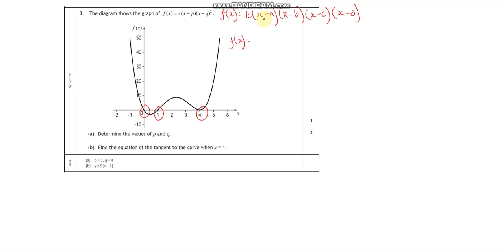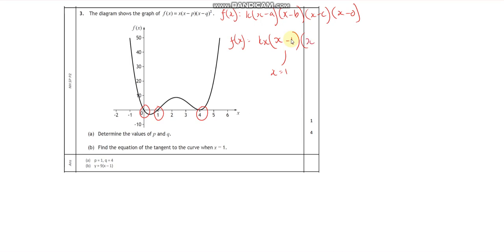x take away nothing is just x, so you end up with kx. I've got a 1 in here, so that's going to be x take away 1, because we're changing this out. The root is 1, so that would give you a solution of x is equal to 1. So yeah, you change the sign effectively for the bracket. And the next bit, you'd be saying, well, I've got 2 roots there.